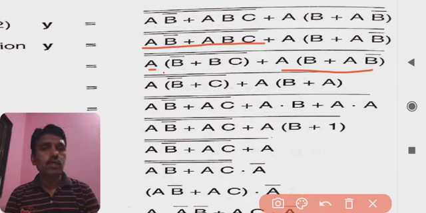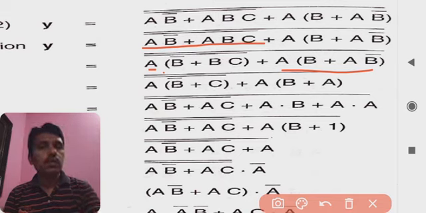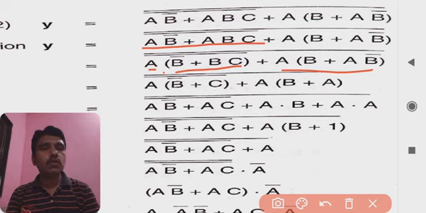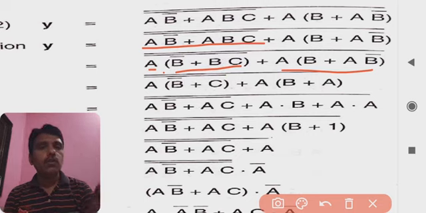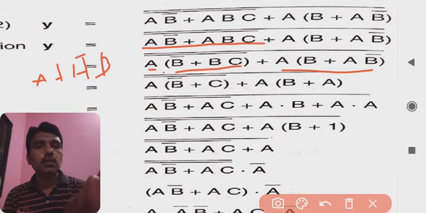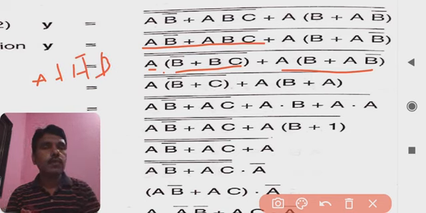So here this B complement or BC is related to our law number 14, exactly the law A or A complement B. In the same way here is B complement or BC.